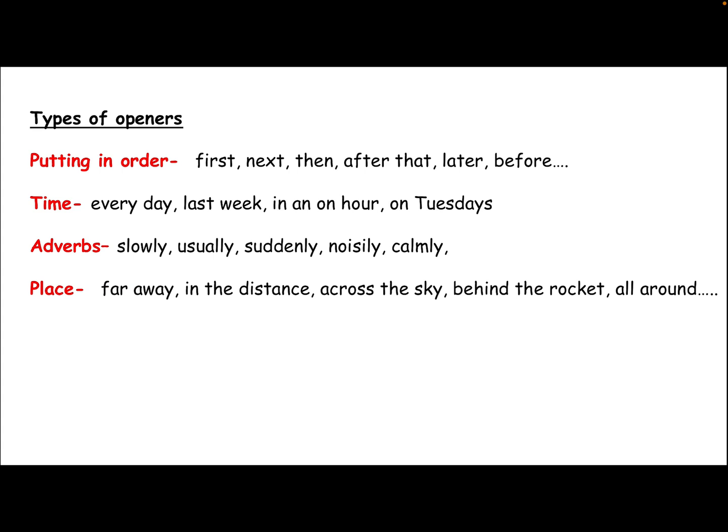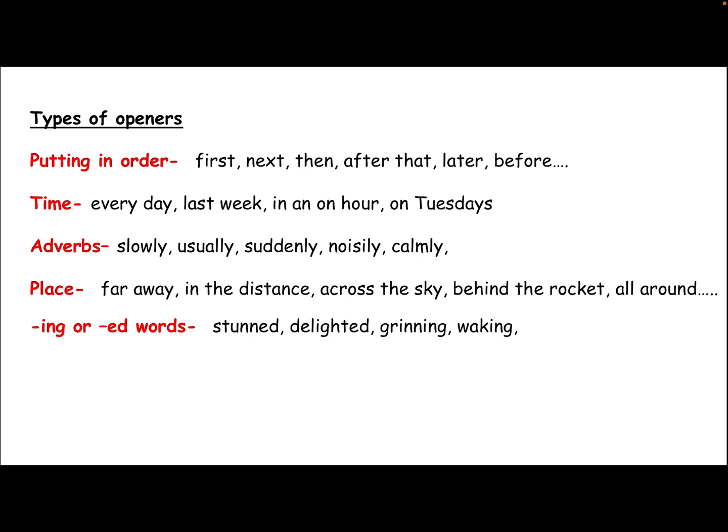As well as all of these, the other way of using openers is to use ing or ed words, words like stunned. So I'll give you an example of that. You might say, stunned, I looked more closely at the alien which had appeared. So stunned and then a comma. Stunned, I looked more closely. Or we might say, grinning widely, comma, I realised that I was the first human ever to have stood on this spot.